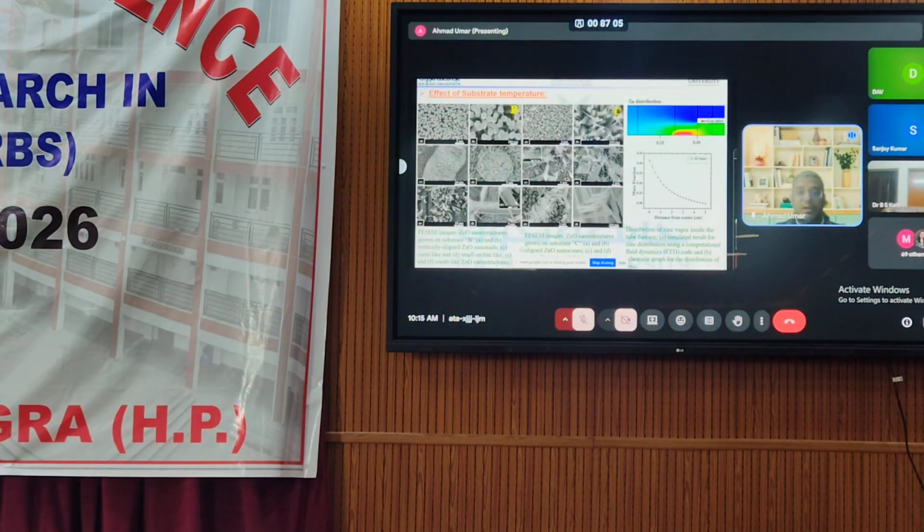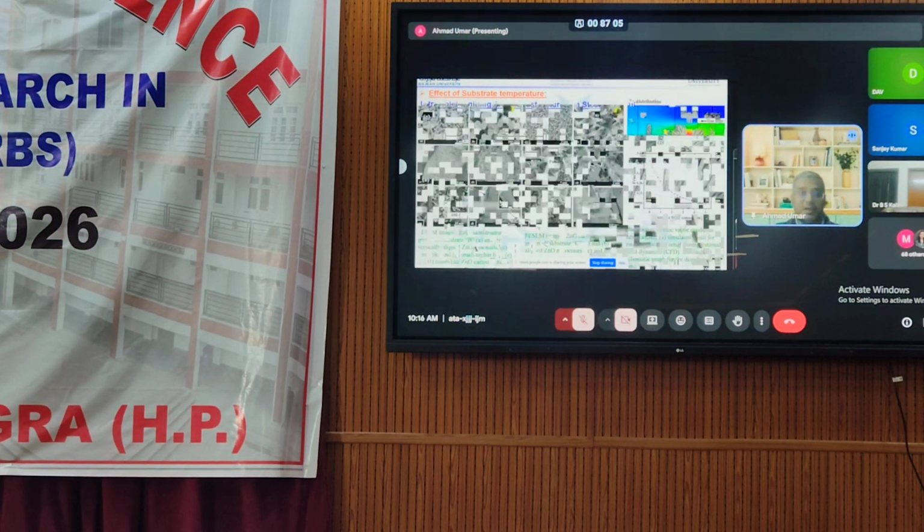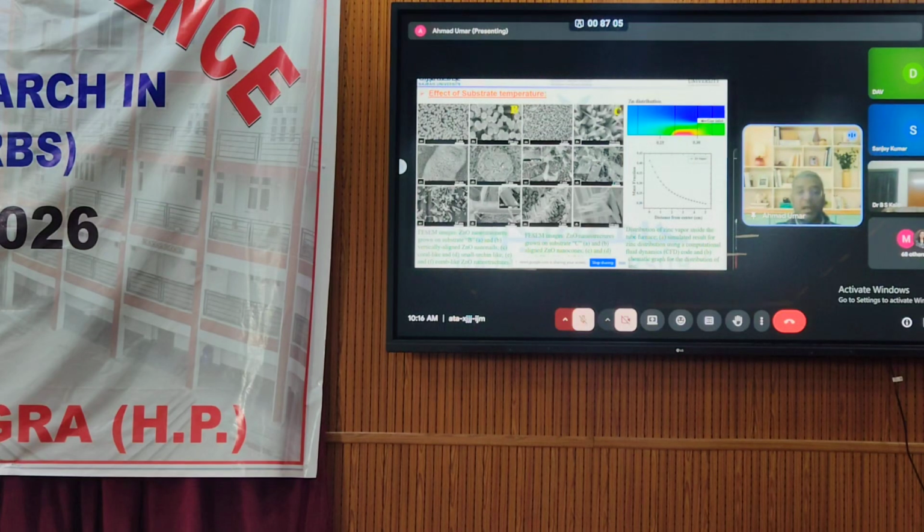In another region, region B, which has a temperature of about 525 to 490 degrees centigrade, we get these snail-like structures, which are also composed in arching-like morphologies.